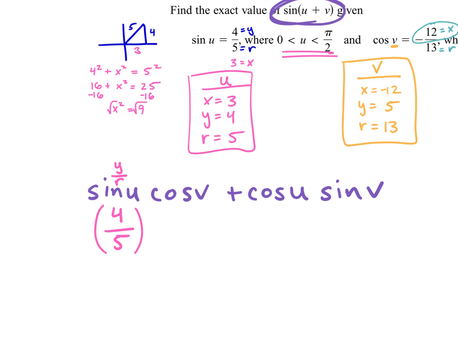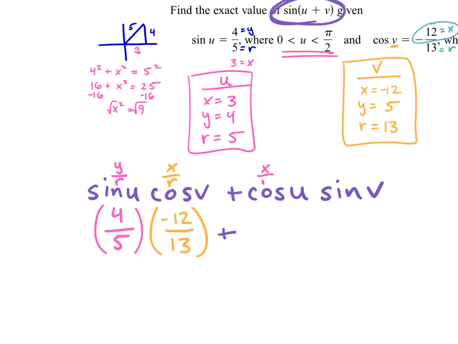Next, we have cosine of v, so we're looking at triangle v on the right. Cosine is what over what? X over r, so our x is negative 12 over r, which is 13. Then we have plus cosine of u, so we're going back to the u triangle.